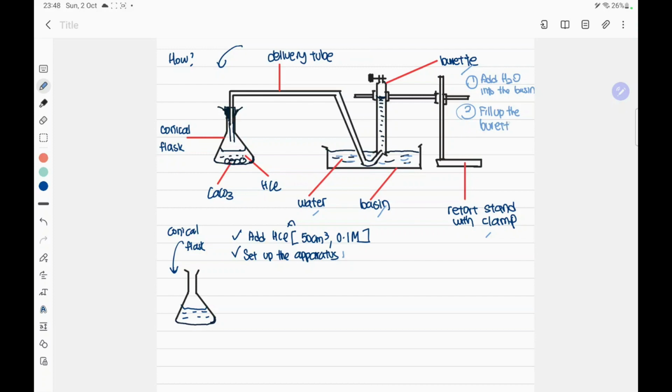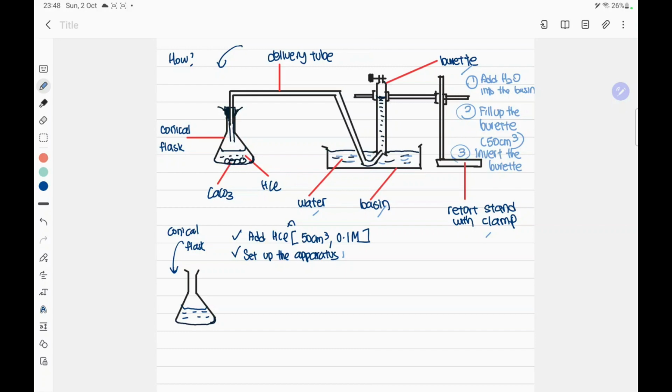Fill up the burette with what? Obviously with water until the water level reaches about 50 cm cube. Okay, once you fill up the burette, what you need to do is invert the burette. What does it mean by inverting the burette? It means terbalikkan the burette.